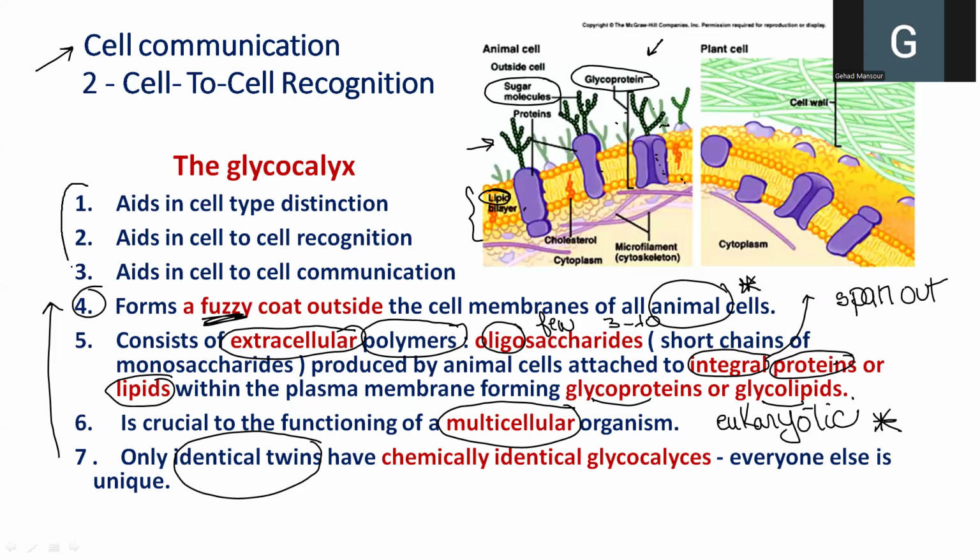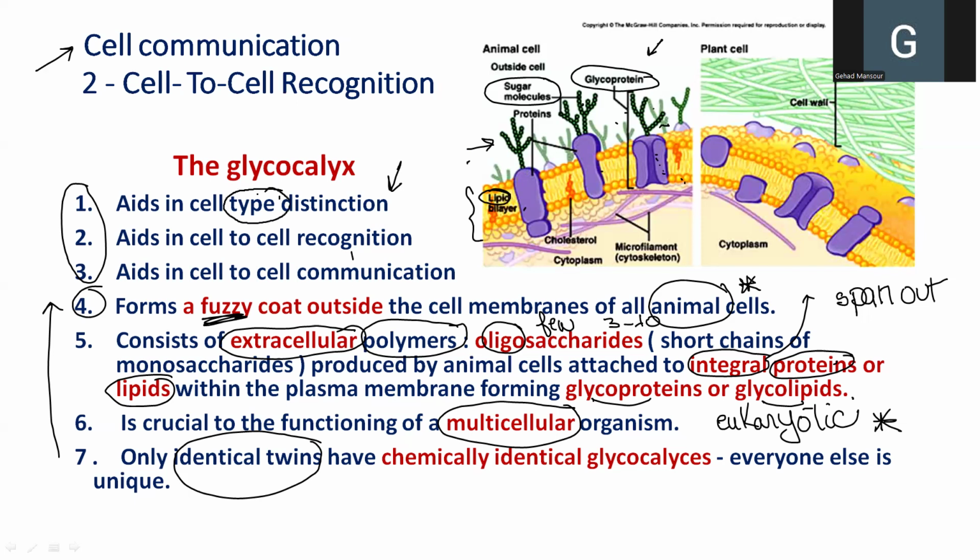On this slide, we can see three important functions of the glycocalyx. The first important function of the glycocalyx in general, whether we are talking about the glycoproteins or the glycolipids, is that they aid in distinguishing cell type. So they aid in cell type distinction.